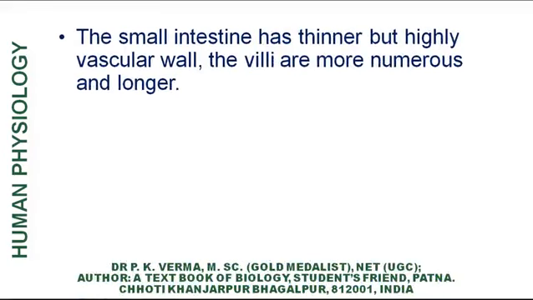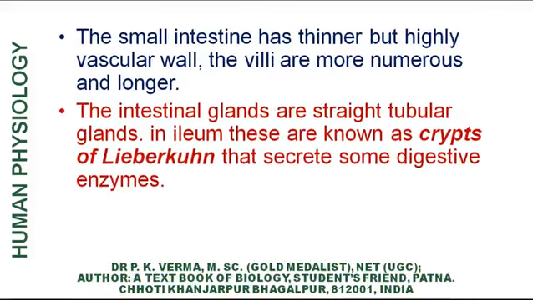The small intestine has a thinner but highly vascular wall. The villi are more numerous and longer. The intestinal glands are straight tubular glands. In the ileum, these are known as crypts of Lieberkühn that secrete some digestive enzymes.